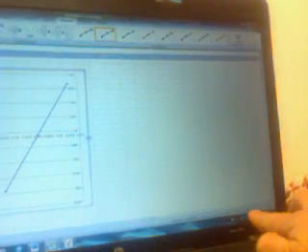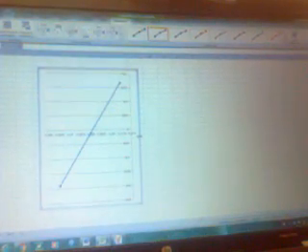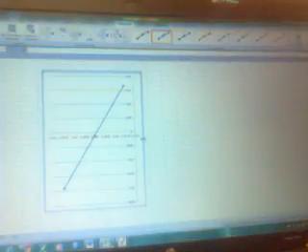I zoomed into 100%, and so every increment here is 1 centimeter. It's pretty simple, but as you put a ruler. Okay, now I'll go back.